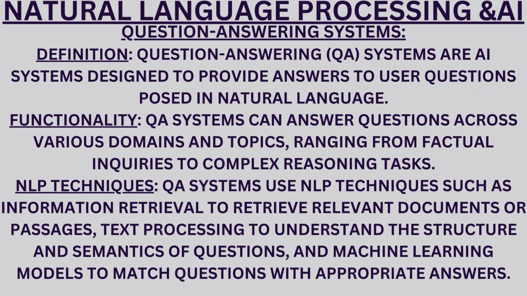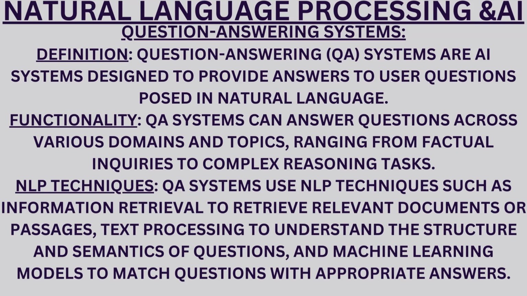Question answering systems. Definition. Question answering systems are artificial intelligence systems designed to provide answers to user questions posed in natural language. Functionality. Question answering systems can answer questions across various domains and topics, ranging from factual inquiries to complex reasoning tasks. NLP techniques.